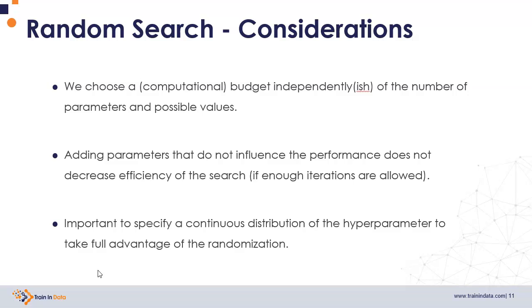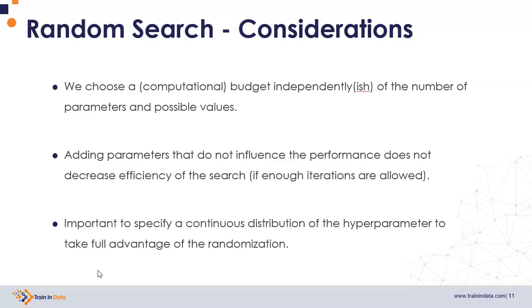But given a certain algorithm, we would choose a budget regardless of the number of hyperparameters, because in a random search, adding more hyperparameters or more values does not influence the performance of the search much. It does not decrease the efficiency of the search, provided we allow enough iterations of the search. So, provided we allow the search to explore the hyperparameter space well enough.